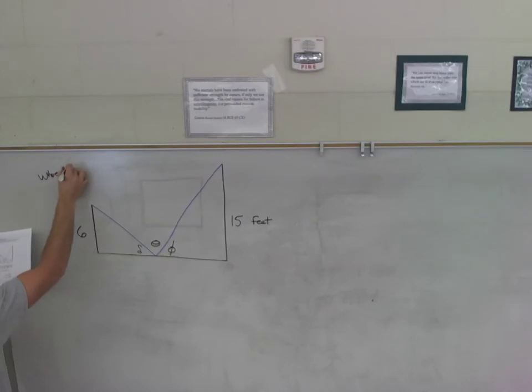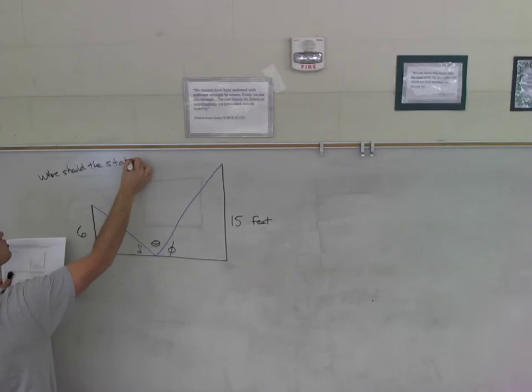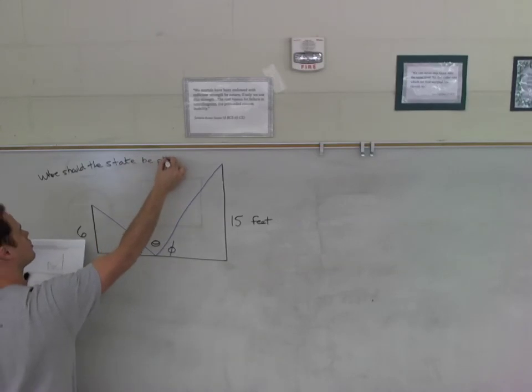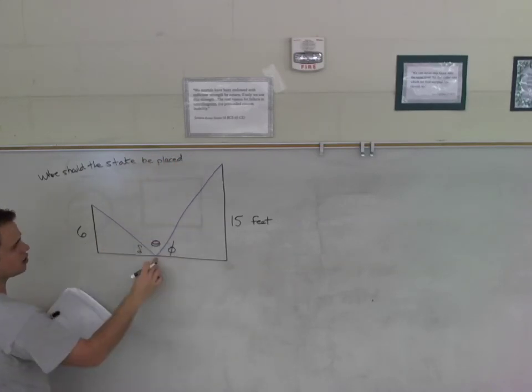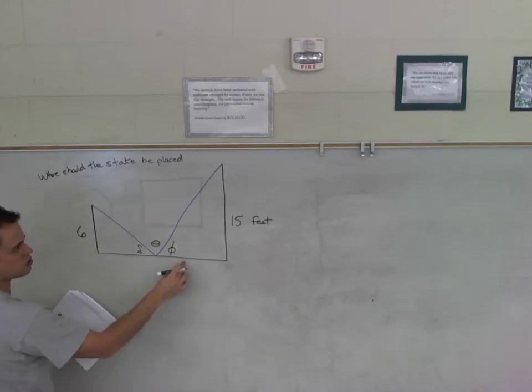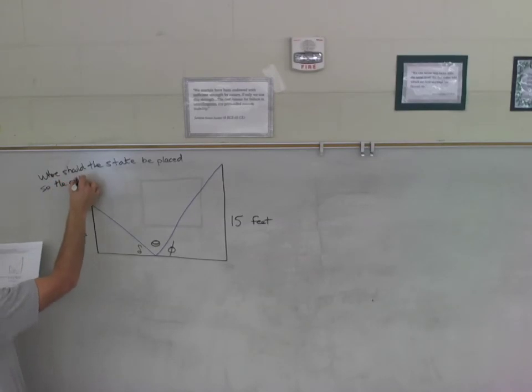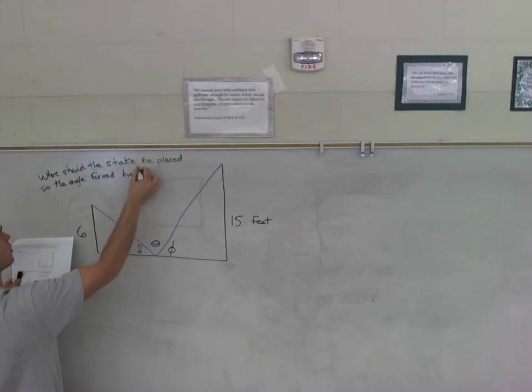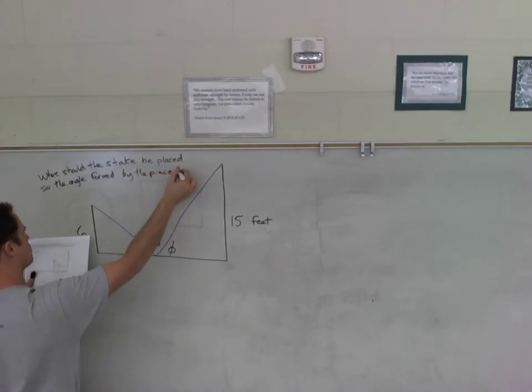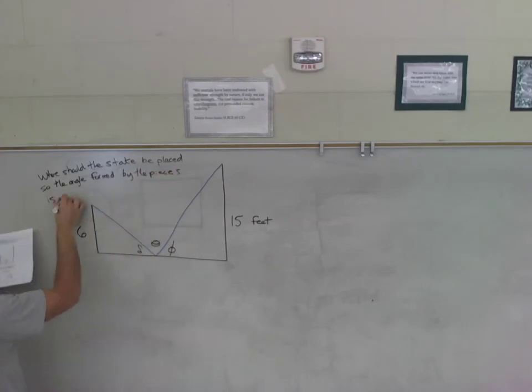Where should the stake be placed? So in this visual, it's right here, but we could slide it back this way or forward that way. Where should the stake be placed so the angle formed by the pieces is a maximum?